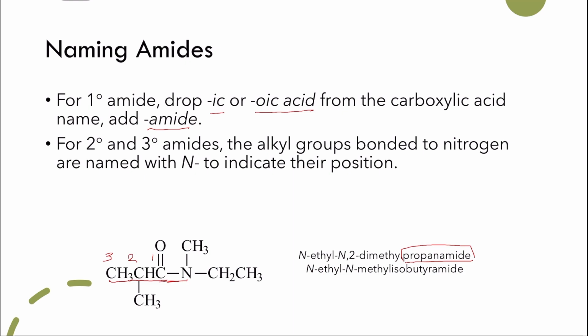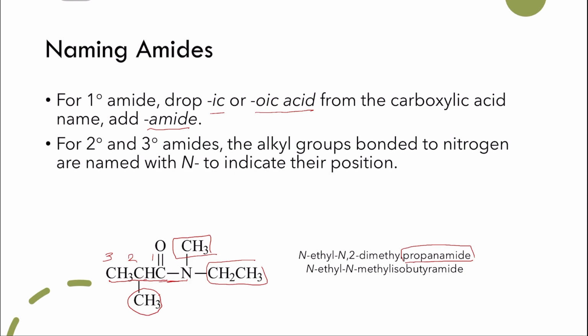Now we have to look at the different substituents, both on the nitrogen and also on the carbon chain of the acid. For the nitrogen, we have 2 substituents: an ethyl substituent and a methyl one. And on the carboxylic acid carbon chain, we have a methyl group on carbon number 2.